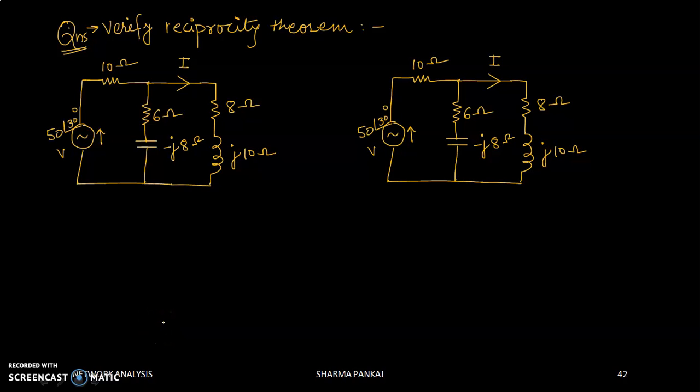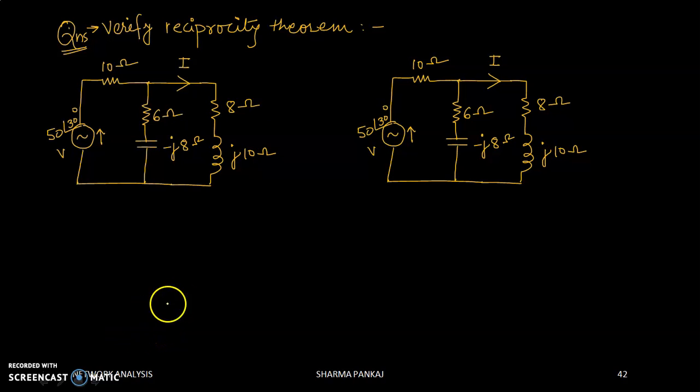There are no diodes or anything else which could violate our active linear bilateral components. And the statement of the reciprocity theorem: the ratio of excitation to response must be the same when the response and excitation are interchanged. Please keep in mind, other than the excitation or source and the response, nothing else is interchanged.